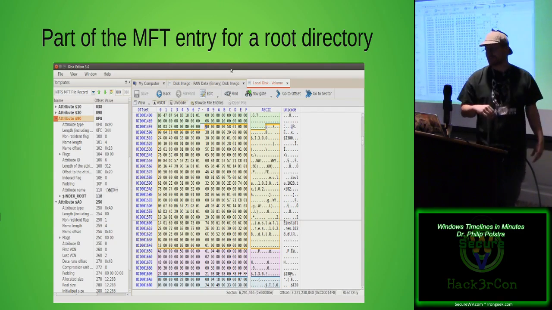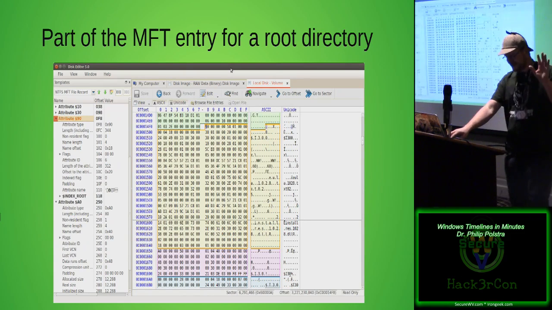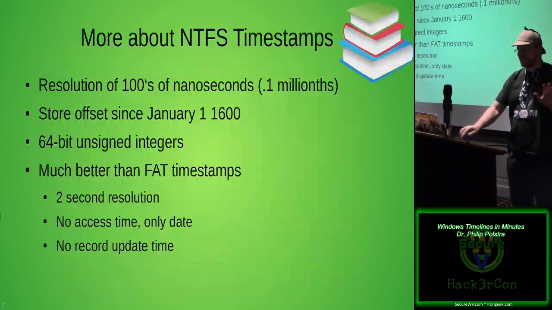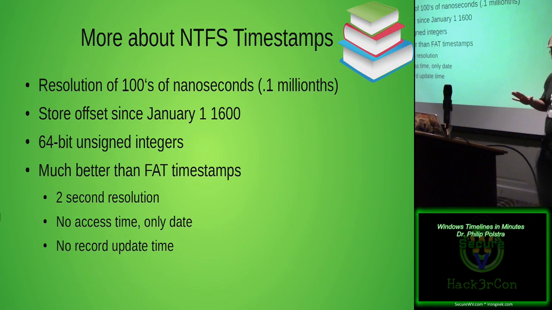Right? And it points to these A0 attributes, which are those index allocations. They say, okay, here's the clusters you have to go read in order to get that information. And that's down here in this purple bit. We're not going to talk about how to decode all that stuff, because we're really interested in timestamps.